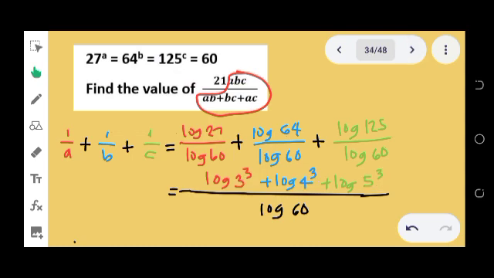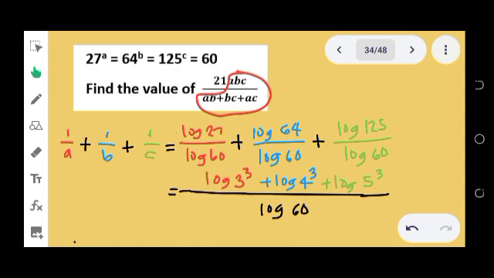So we can rewrite them as log of 3 cubed because 27 is 3 raised to the power of 3. Then 64 becomes log of 4 cubed because 64 is 4 raised to the power of 3. And finally, log of 125 becomes log of 5 cubed because 125 is equal to 5 raised to the power of 3. Again, all of them have a denominator of log 60.